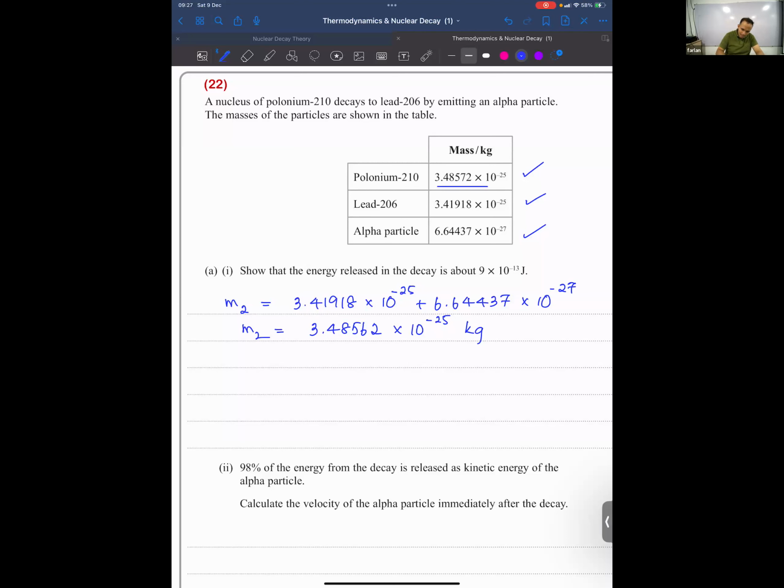So the mass defect, delta M, the decrease in the mass, is M1 minus M2.